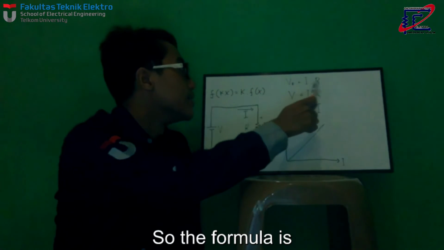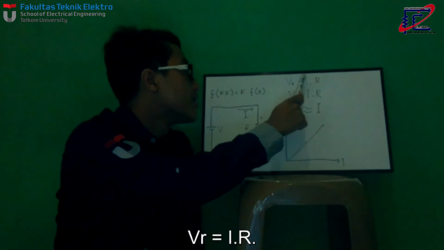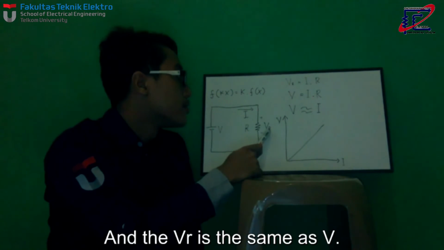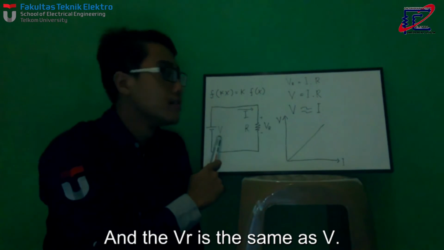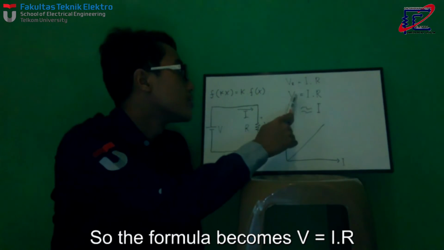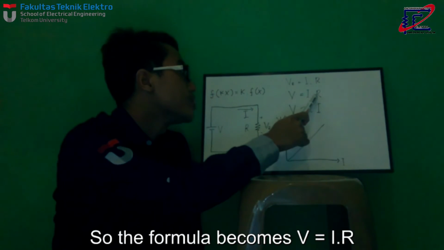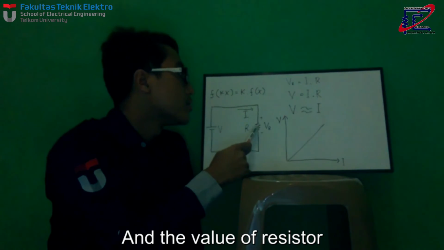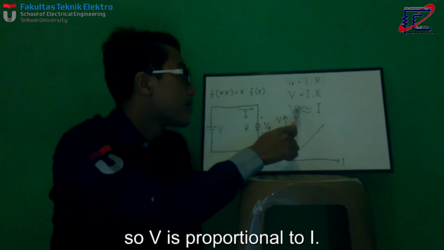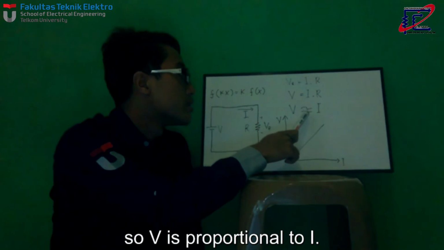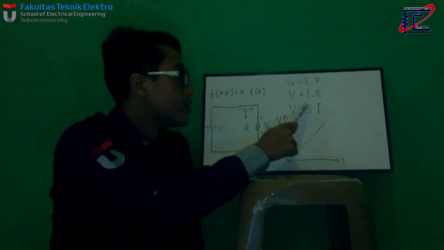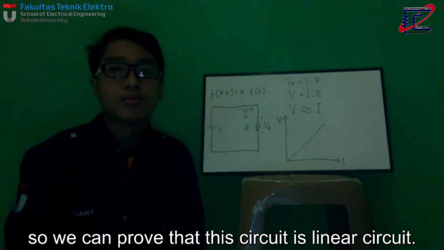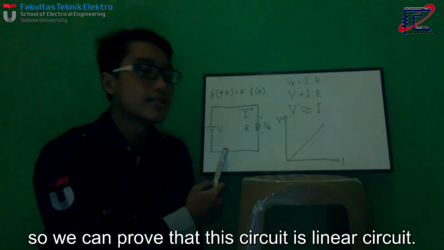The formula is VR equals I times R, and VR is the same as V. So the formula becomes V equals I times R. And the value of the resistor is a constant, so V is proportional to I. This is the graph between V and I. So we can prove that this circuit is a linear circuit.